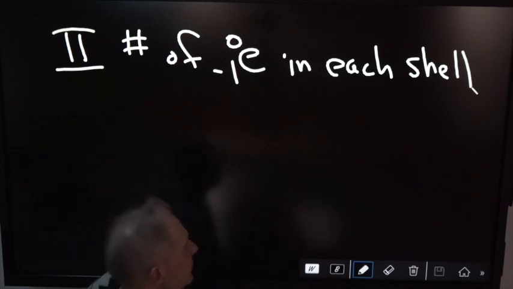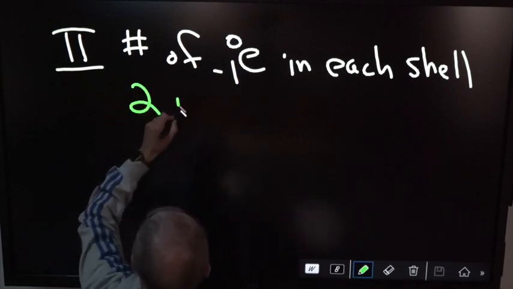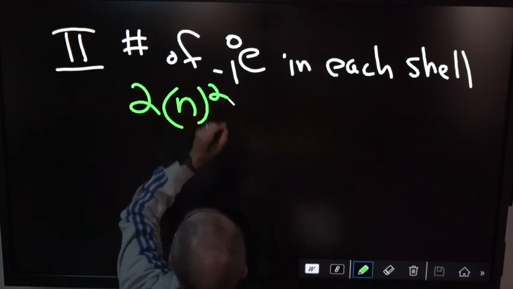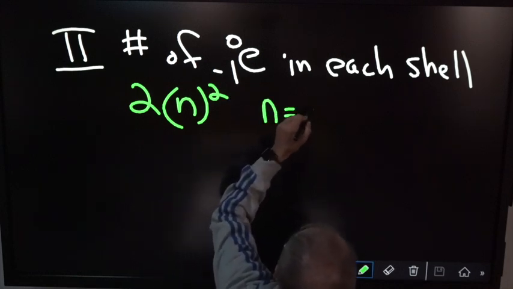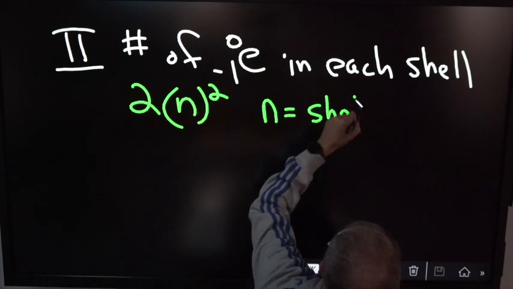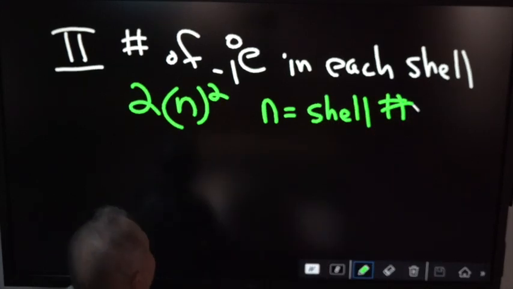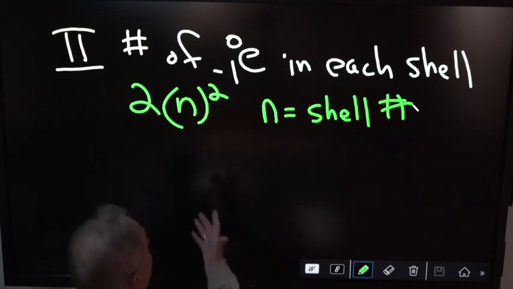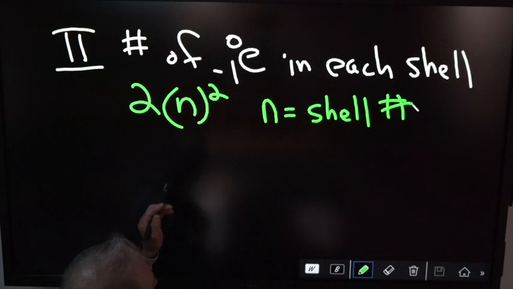And the formula is this. 2n squared. And n stands for the shell number. It's pretty easy if you can do your math. 2n squared, n is the shell number. So what we're going to do is we'll go down 1 through 7.